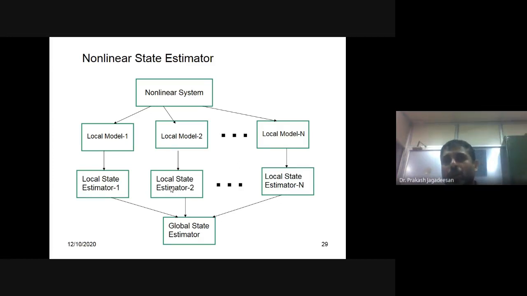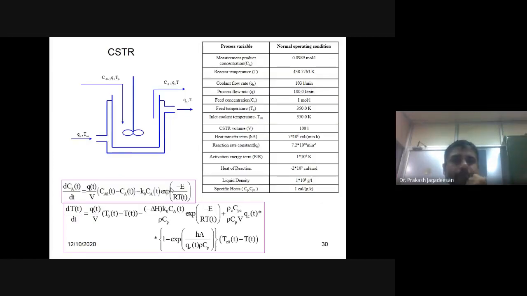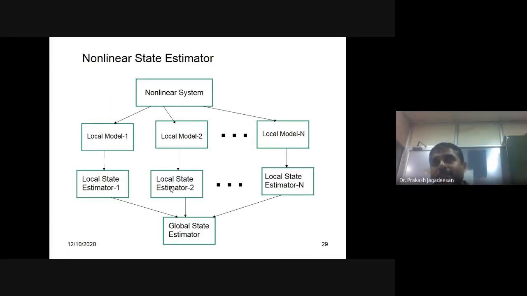So using that model, one can estimate the output of unmeasured variables. So that is also possible. So you can build soft sensors. As a result, you can generate an estimate of unmeasured variables, or variables which are difficult to measure online with the help of a sensor.